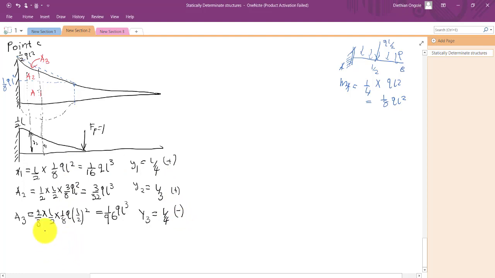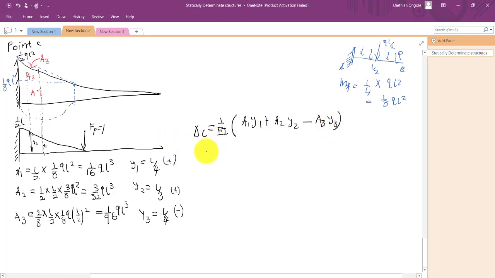So therefore our displacement delta C would be given by 1 over EI times the summation of the area. So we shall be having A1 y1 plus A2 y2, and then this becomes a minus A3 y3.